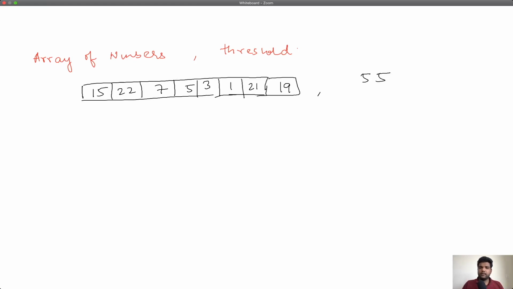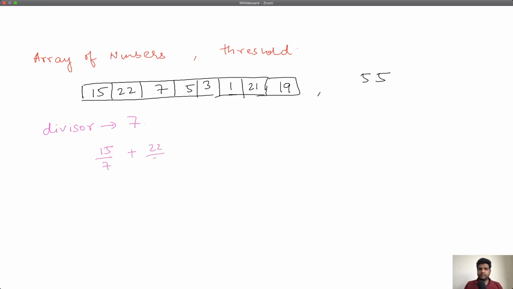What you can do now is take any divisor and divide the numbers of this array with that divisor and take the sum of the subsequent results that you get. So for instance, let's say you take a divisor of 7. What you can do is divide all these numbers by 7 and take the sum.